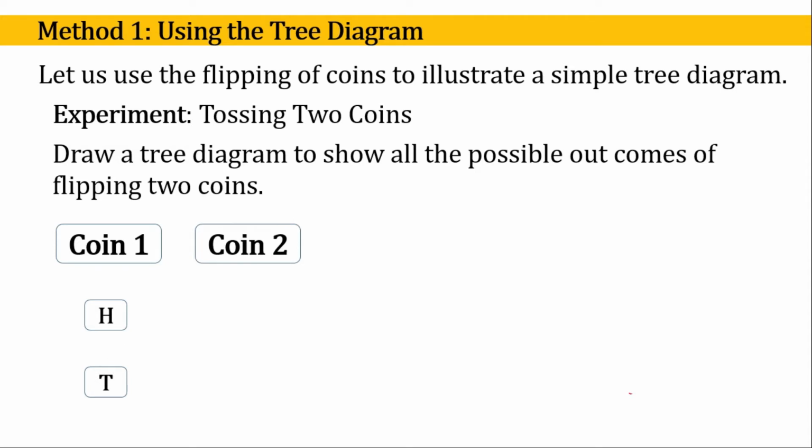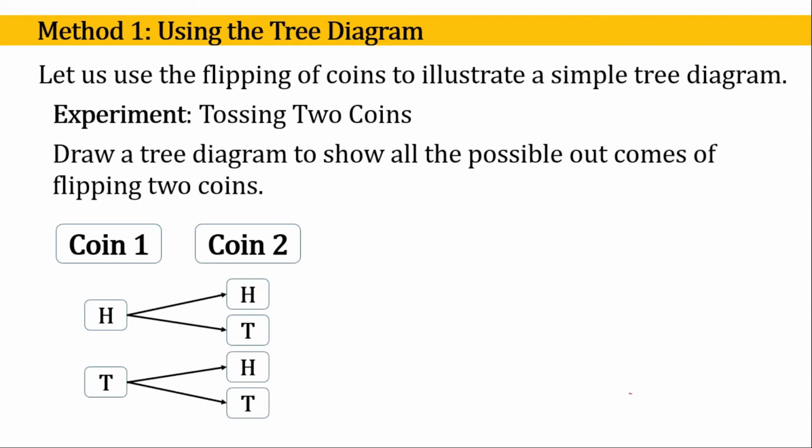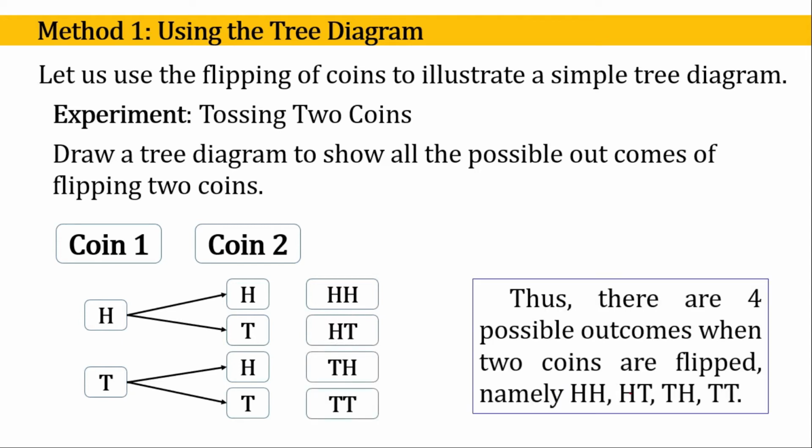Now, on the second coin, second toss, each could be paired with another head or tail, and tail could be paired to another head or tail. So if we list all our possible outcomes, it could be HH, HT, TH, or TT. All in all, we have four possible outcomes, and this is how we do it using a tree diagram.